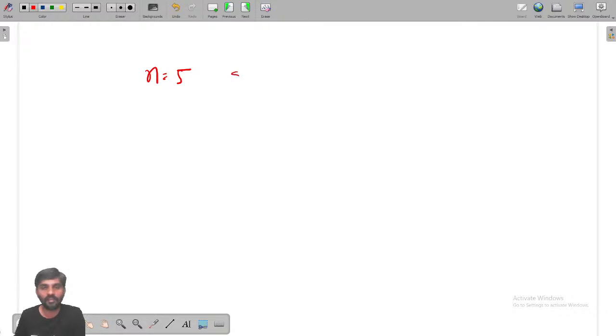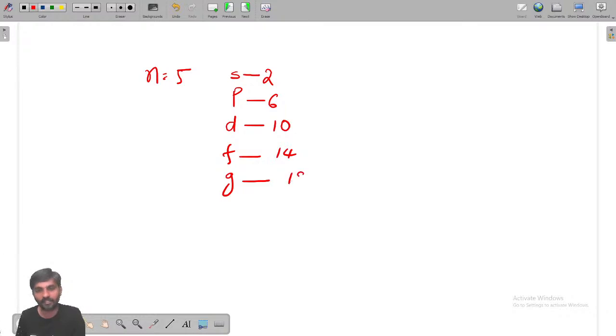You will have s, p, d, f, and then g. s is going to be 2, p is going to be 6, d is going to be 10, f is going to be 14, and g is going to be 18 electrons. So total how many will you get? Count, and check whether you are getting the correct answer, whether you are getting 50 or not. So 50.